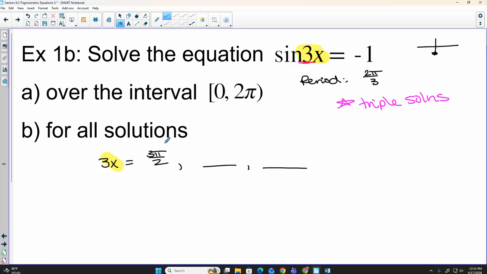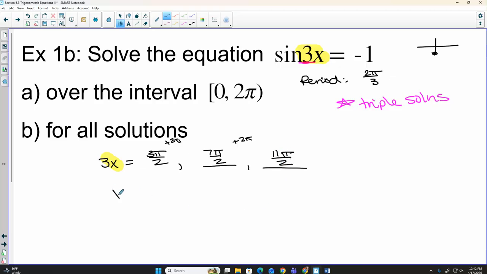If we do it before we divide by 3, we can get all of the others just by adding our normal 2 pi to them. You can use a calculator, just don't put in pi. So 3 halves plus 2, so 3 over 2 plus 4 over 2 would be 7 pi over 2. Plus another 2 pi, so plus another 4 over 2, would be 11 pi over 2.